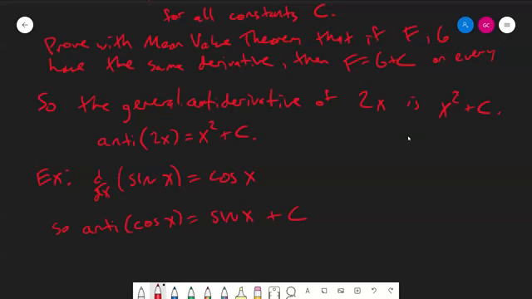And again, if I wanted to write that, I like to think of taking a derivative as moving from top to bottom. So the derivative of sine is cosine, and so the antiderivative of cosine is sine, plus c.